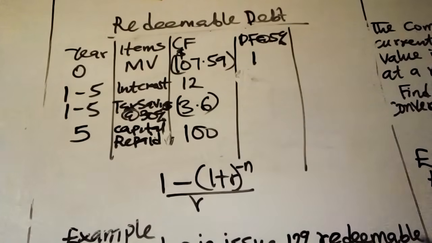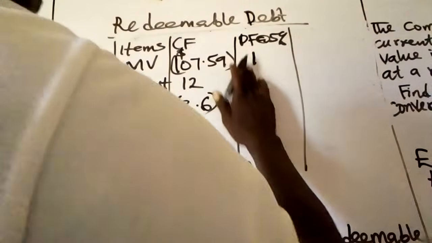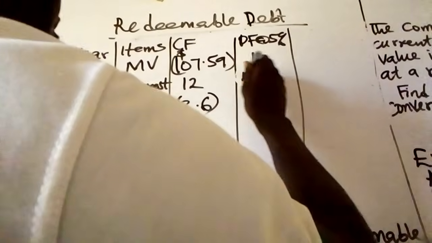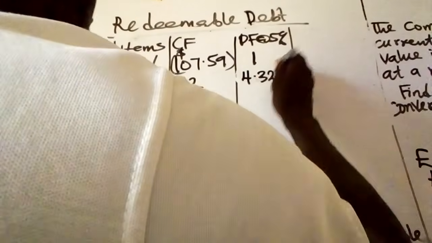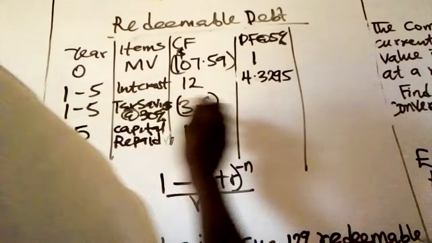If you apply that formula, 1.05 raised to power minus 5, minus 1, divided by 0.05, that gives us 4.3295.